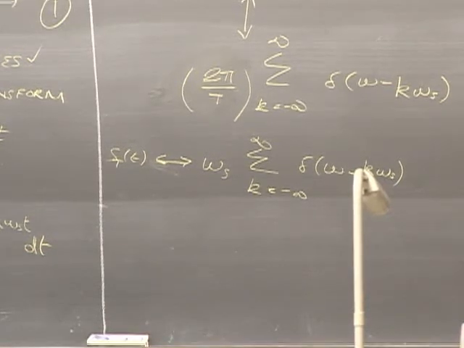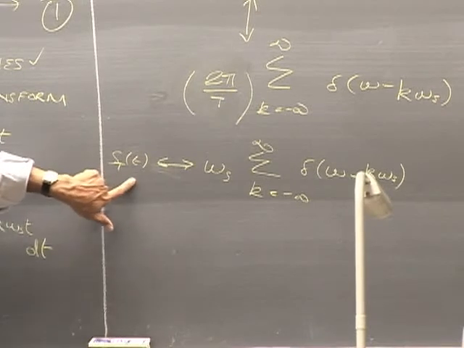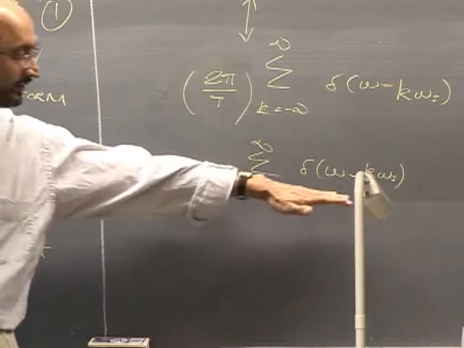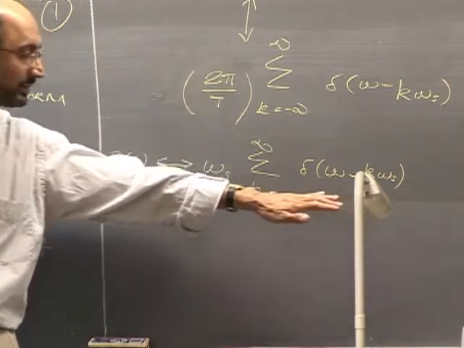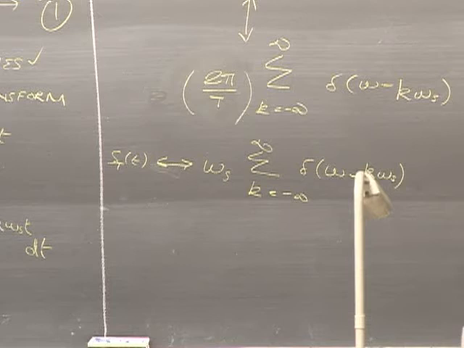What we've shown over here is that the Fourier transform of s of t is this thing over here, omega s times delta of omega minus k omega s. What does this look like? There's a bunch of deltas, okay? And what are deltas looking like? Well, remember delta of t minus t naught is delta shifted in time to the right by t naught, right?